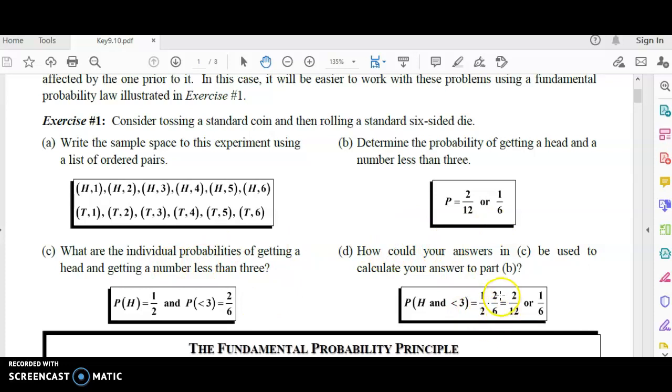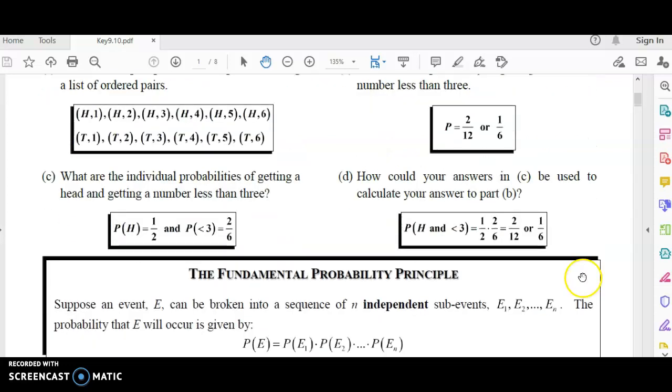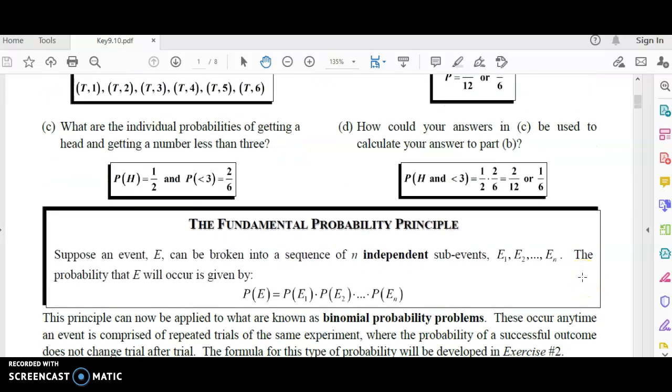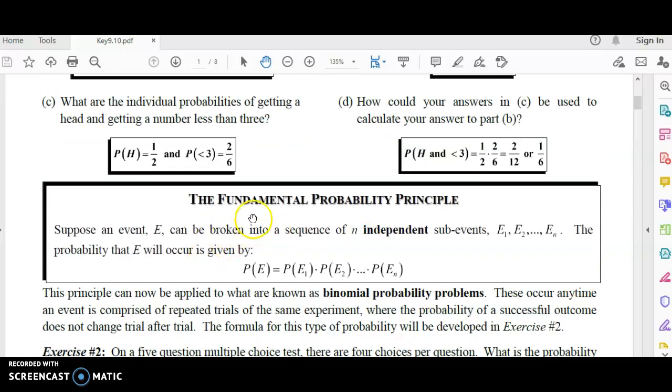That 1/2 times 2/6 equals 1/6, and it's already written for you when you look at the next part, the fundamental probability principle. The important thing is these events have to be independent of each other.